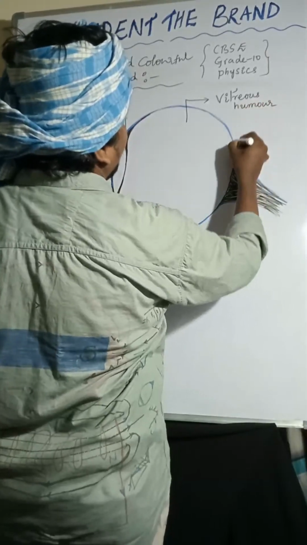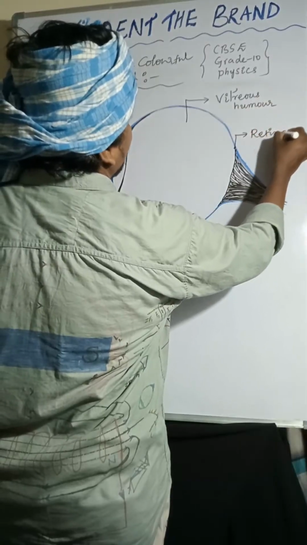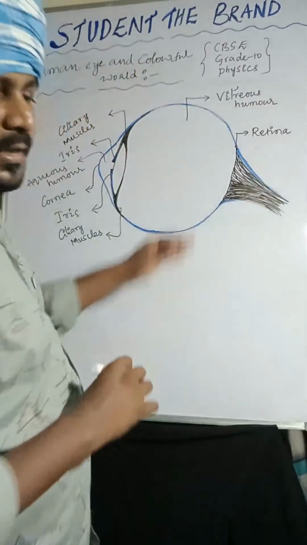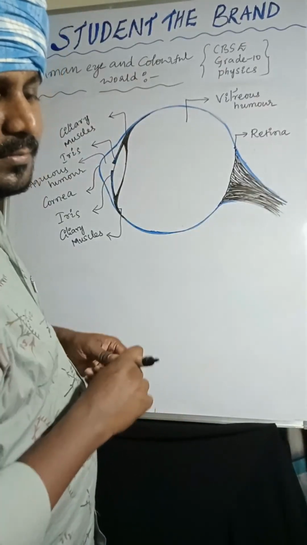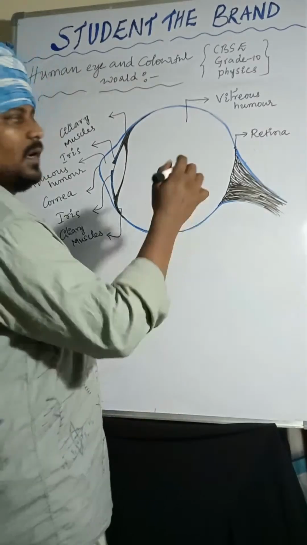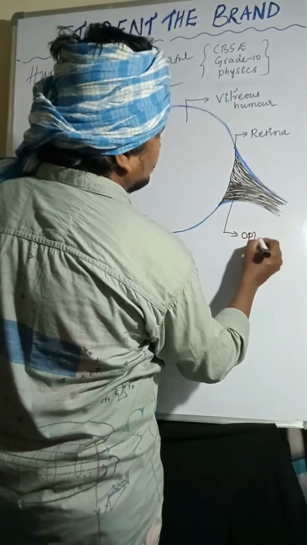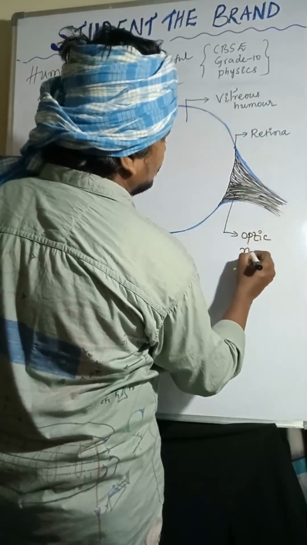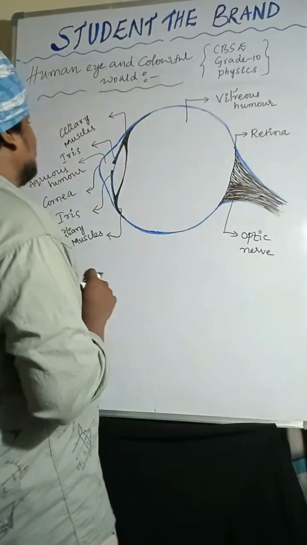This is retina. And this one, optic nerve. This is the optic nerve. And here a blind spot is there.